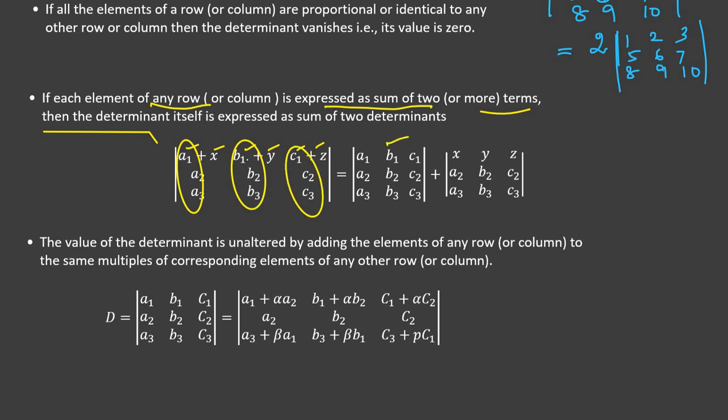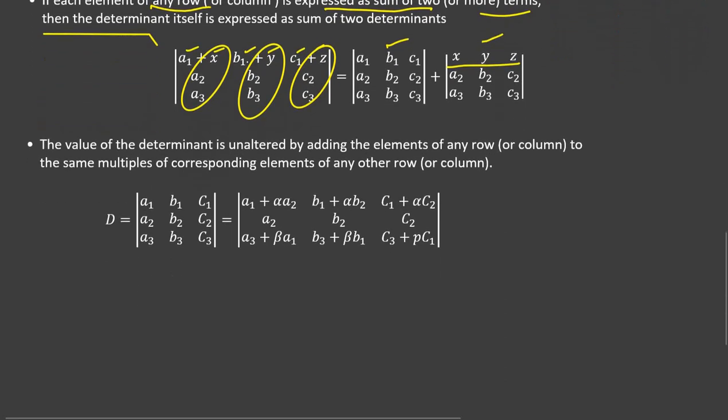This is the first determinant, plus the next determinant, whose first row is x, y, z, second row is a2, b2, c2, and third row is a3, b3, c3. So if any row is expressed as a sum of two quantities, the determinant itself is expressed as a sum of two determinants.